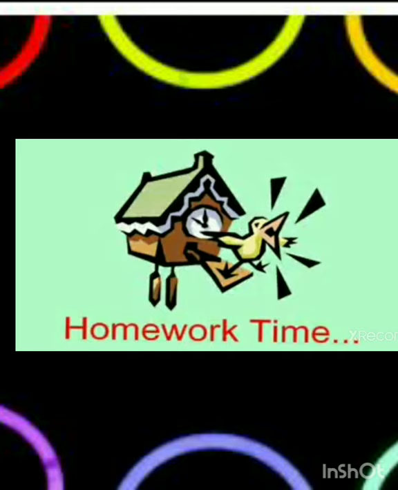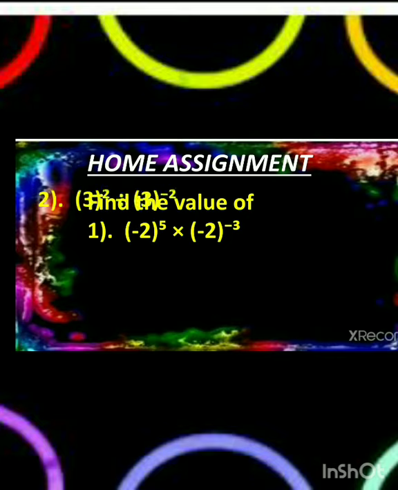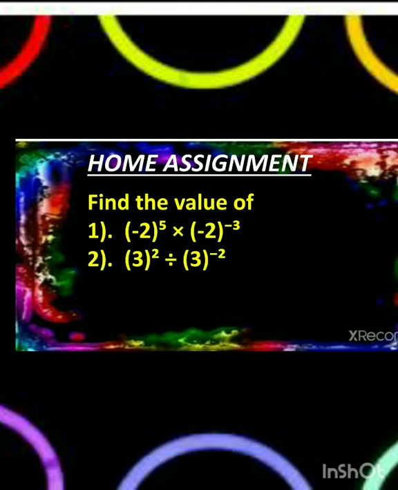It's time for homework. Home assignment. Find the value of minus 2 the whole power 5 into minus 2 the whole power minus 3. Second problem, 3 power 2 divided by 3 power minus 2.